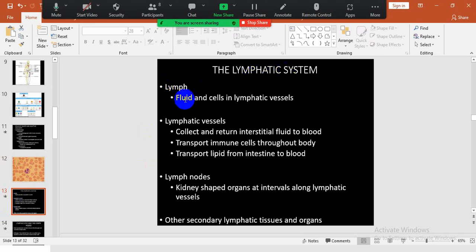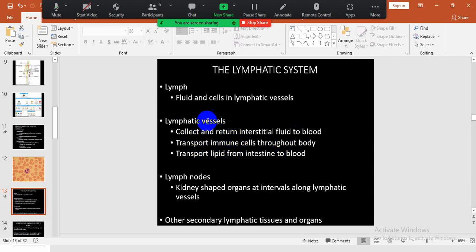Okay, so the lymphatic system, as I explained earlier on, they are what? Fluid and cells in the lymphatic vessels. Lymphatic vessels collect and retain interstitial fluid. Interstitial fluid is what? Fluid located between cells to the blood. Lymphatic vessels also transport immune cells. So if you are looking for B lymphocytes, natural killer cells and the rest, they are transported through what?